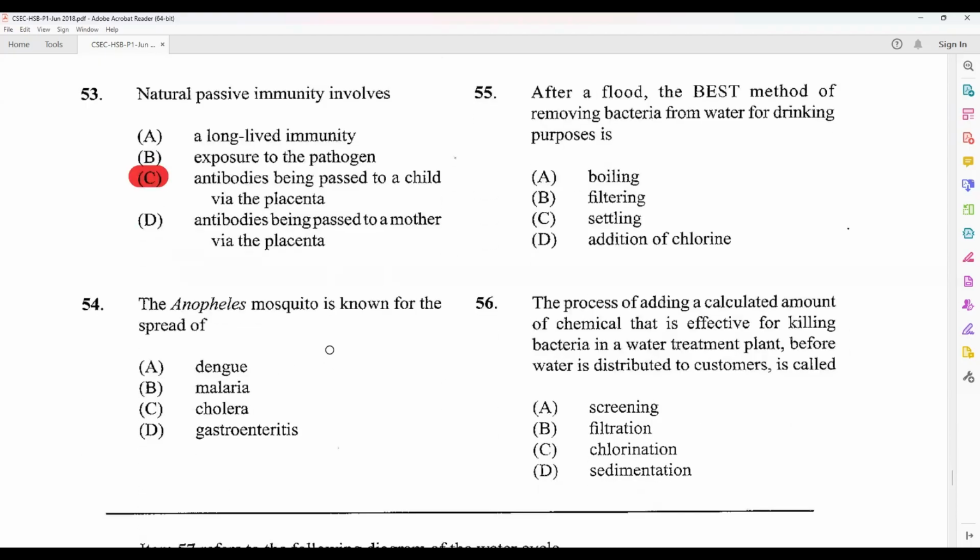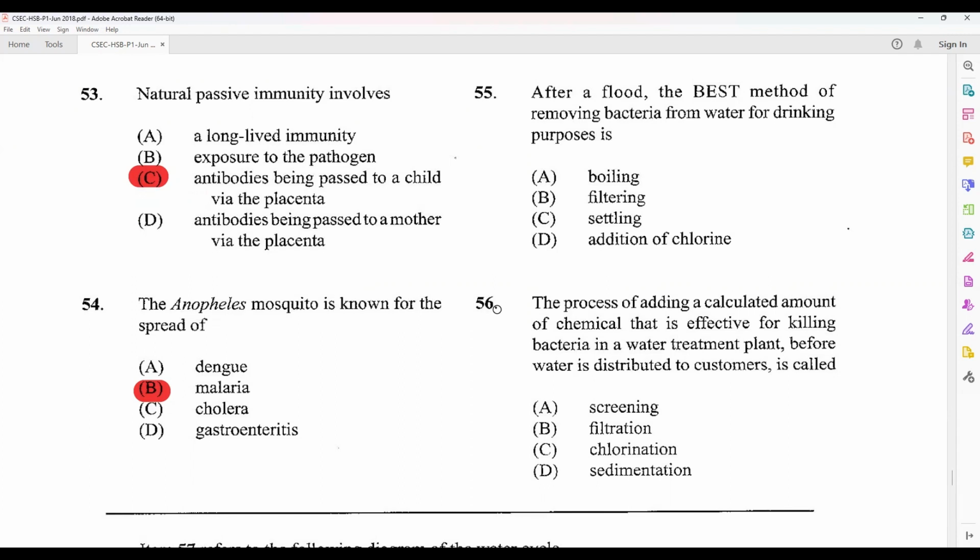The Anopheles mosquito is known for the spread of, and I hope once you hear Anopheles, your mind should go to malaria. The other types of mosquito diseases that the syllabus requires you to know are spread by Aedes aegypti, like dengue, chikungunya, Zika. So once you hear Anopheles, your mind should go to malaria.